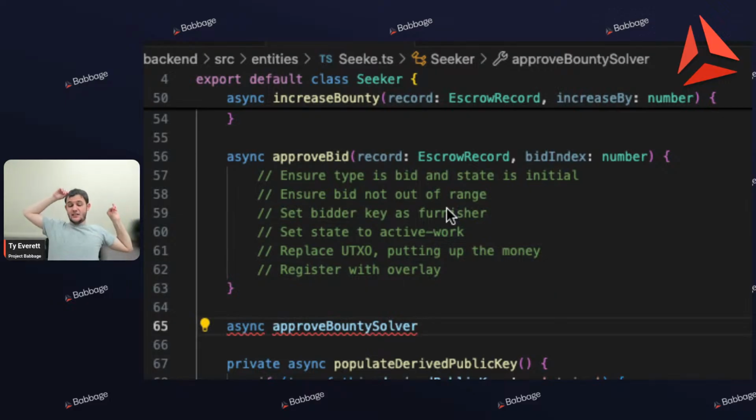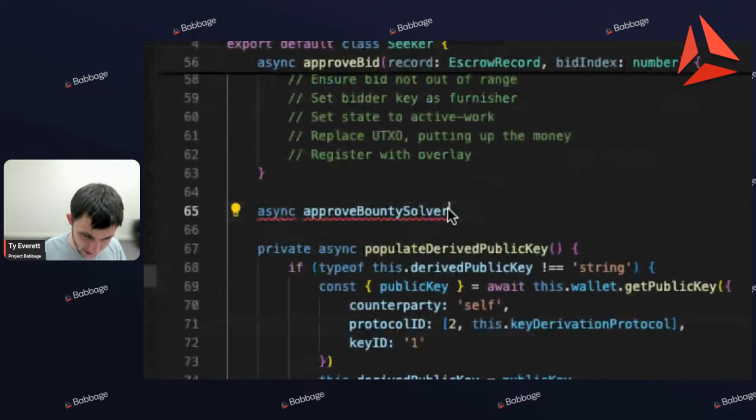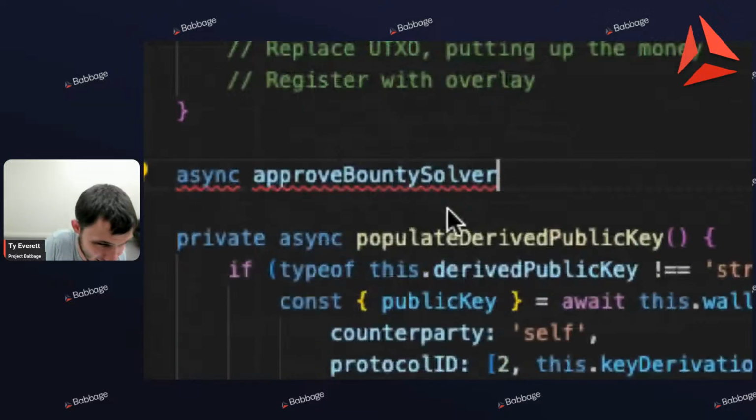So here the onus is on the seeker to approve, and then there's another Boolean. So bounty solvers need approval, and then there's can platform approve, and maybe we could say always. So either the platform or the seeker could approve, or the platform must approve instead of the seeker, right? So coming together here, some generalizable building blocks for escrow systems and contract stuff.